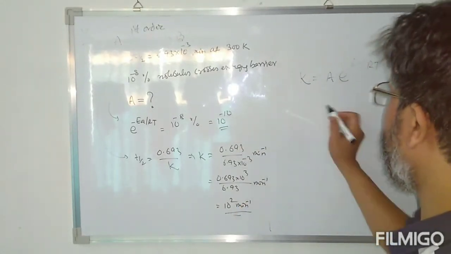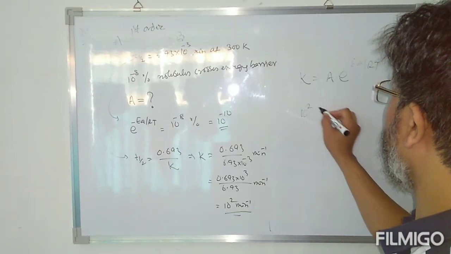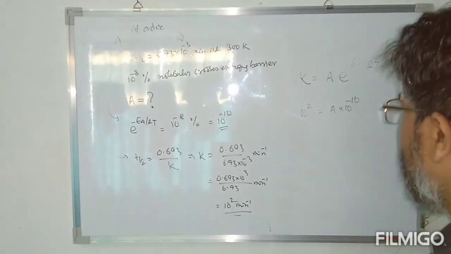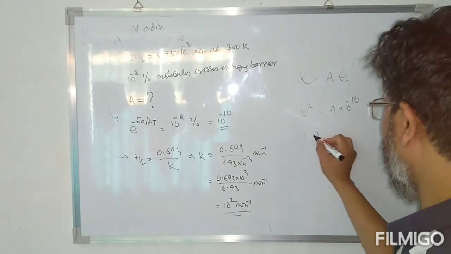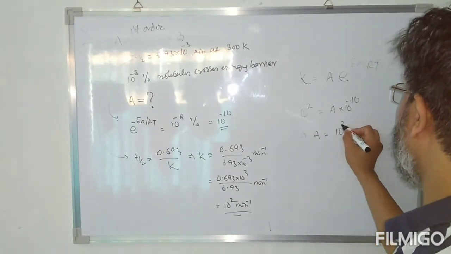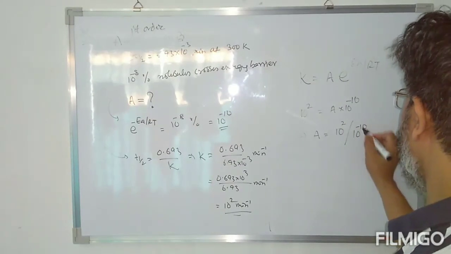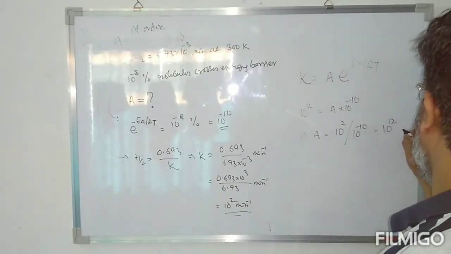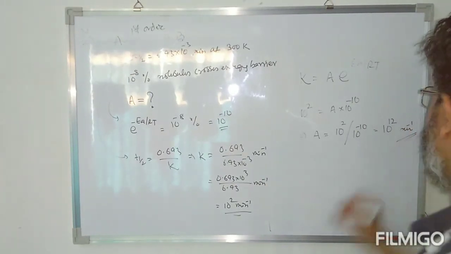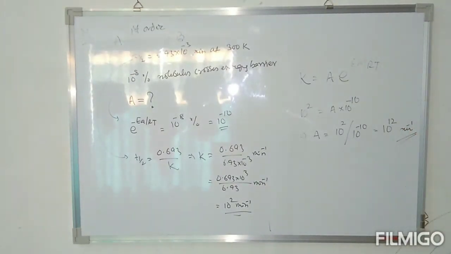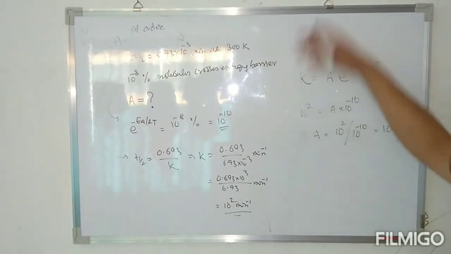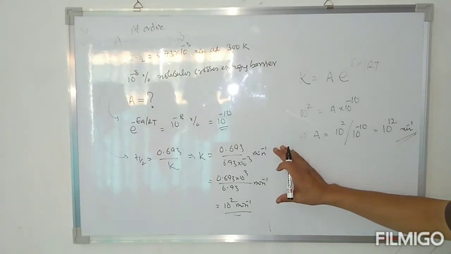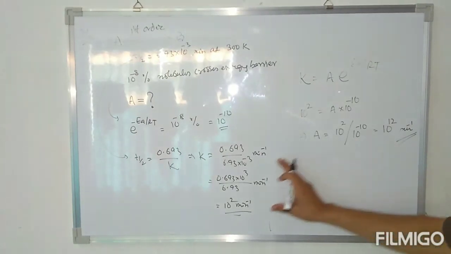So 10 to the power 2 is equal to A into 10 to the power minus 10. Therefore, A is equal to 10 to the power 2 divided by 10 to the power minus 10. So this is 10 to the power 12, the value of the pre-exponential factor. So these are some examples or questions in which we use Arrhenius equations with different modifications.